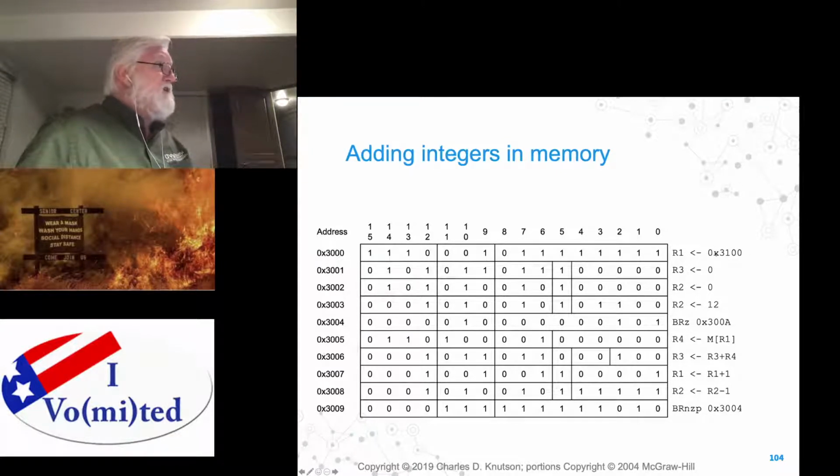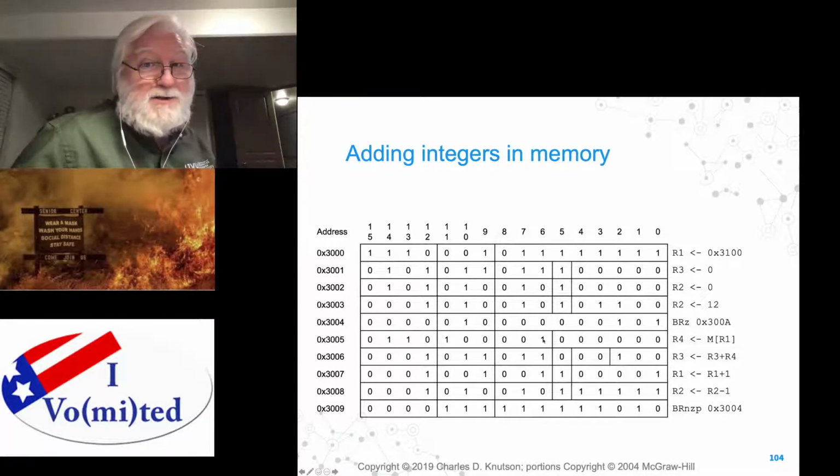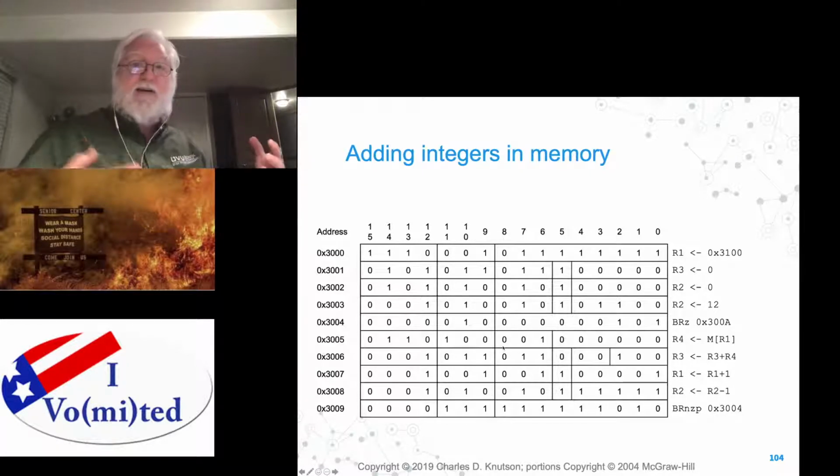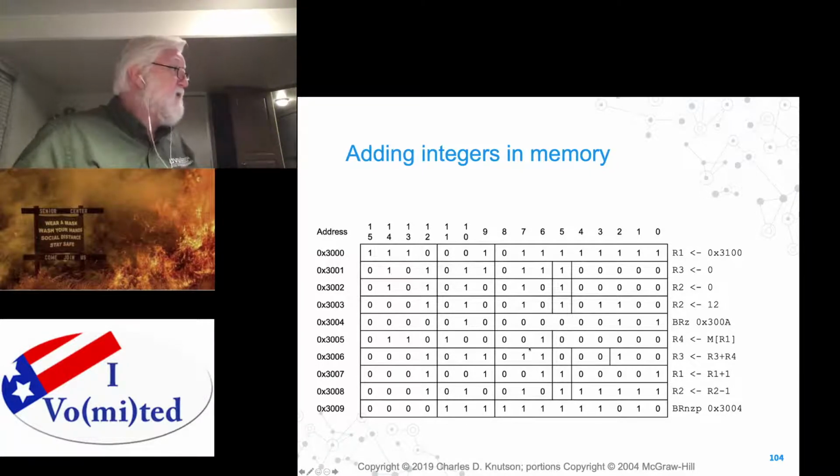So we go out to location 3100, grab what's out there, put that into register 4. That's 4 right there, and there's R4. So now R4 has the value, the next value we're adding into the running total.